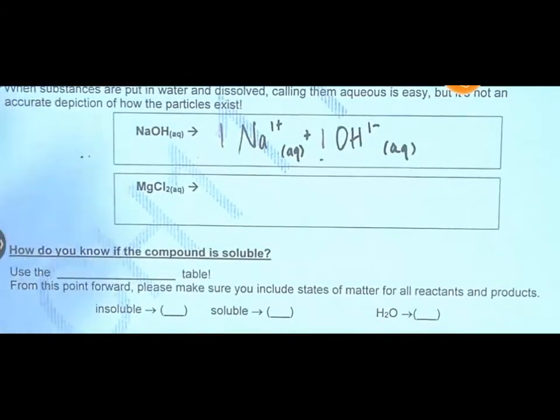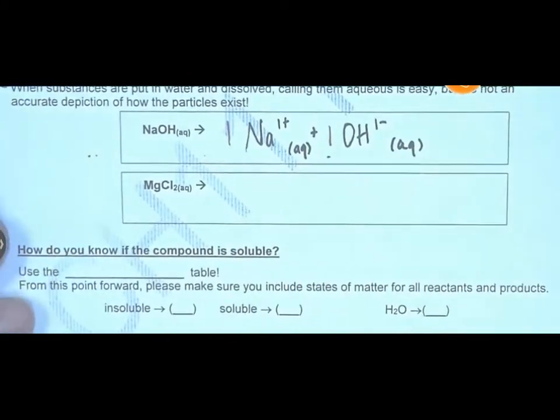The next one, though, MgCl2. First of all, there's no such thing as a diatomic ion, and so many students want to tell me that there is. But there's no such thing as this.